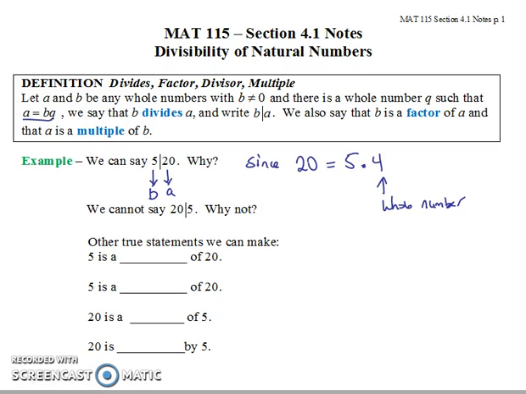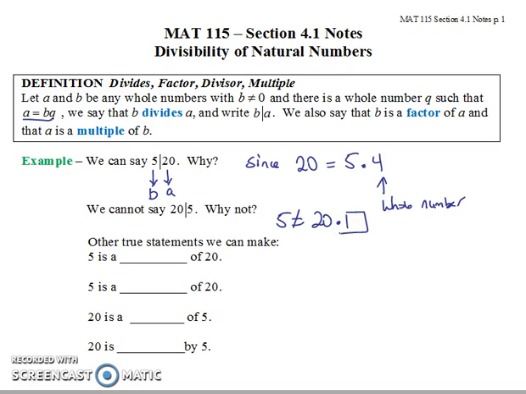We cannot say 20 divides 5. The reason we can't say 20 divides 5 is because 5 does not equal 20 times a whole number. There is no whole number that we can multiply by 20 to get 5.